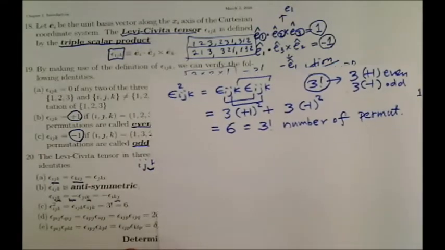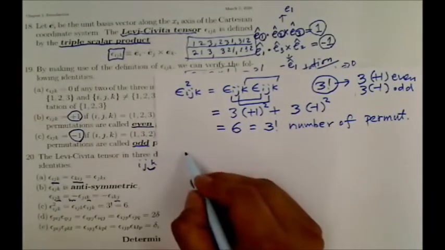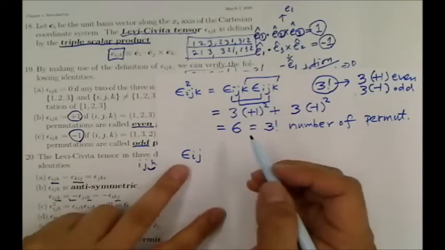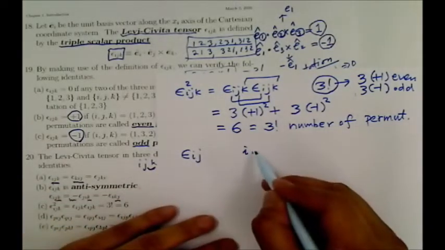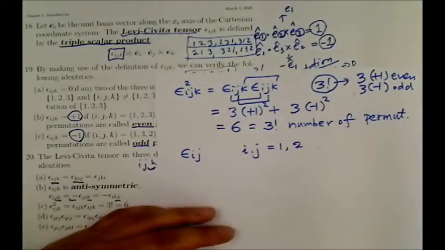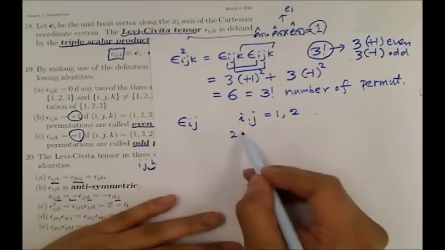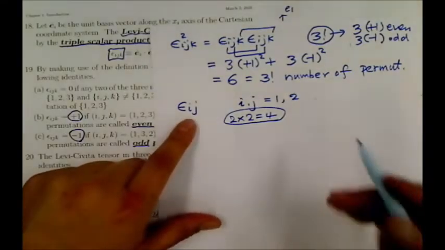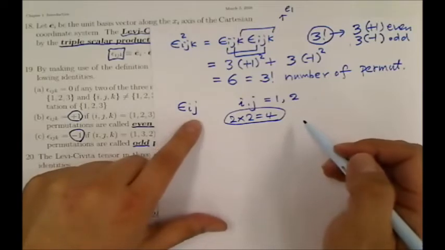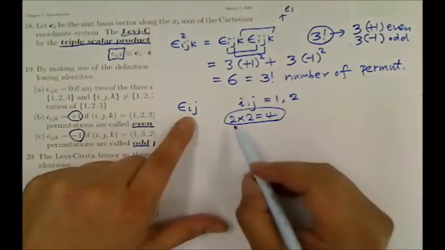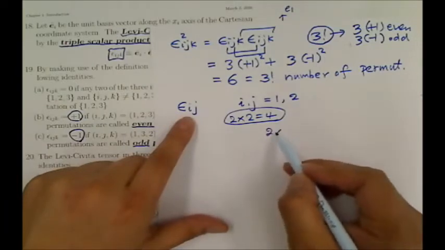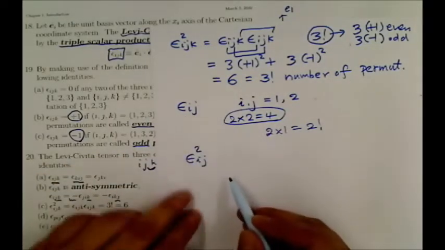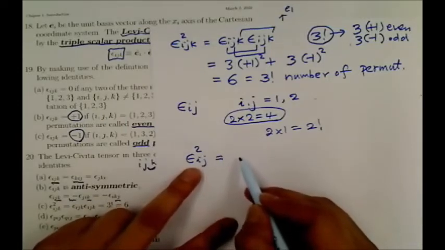In a similar manner, I can consider the Levi-Civita tensor for the rank 2 case, epsilon ij. Then I have 2 elements, so i and j are 1 or 2. There are 2 times 2, 4 possibilities of having arbitrary indices, but if I want to choose a permutation, these two indices must be different. In that case, I have 2 times 1, 2 factorial permutations.